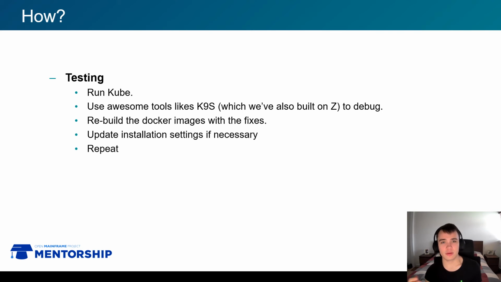So we use that for debugging and to dig deeper and find all the errors that are making the applications crash. After that, we fix the errors and build the Docker images as described before using Jenkins.